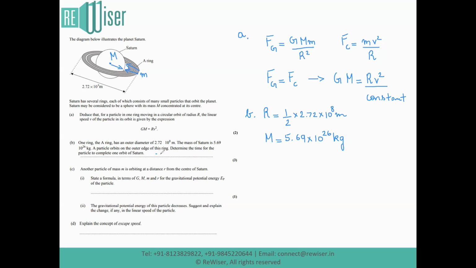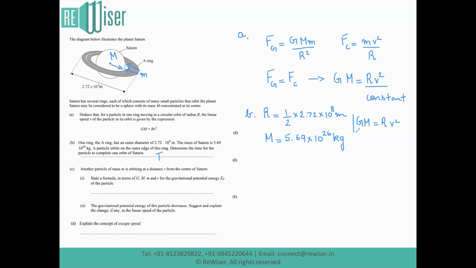Here they are asking us to calculate the time period of orbit, T. To find the value of T, we need two equations. The first equation will help us find the value of v, which is already given as GM = Rv².